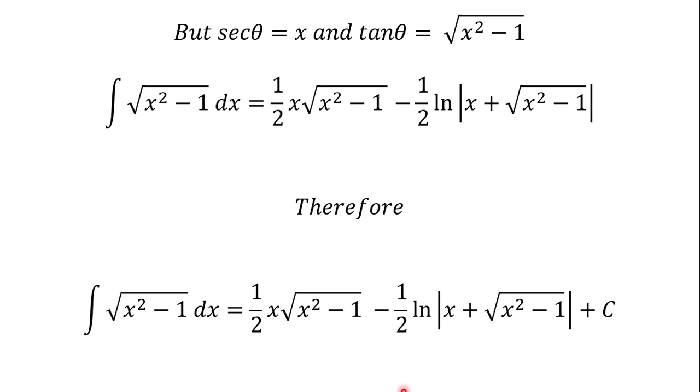As we are solving more examples, you get to know every trick involved in using this approach. As time goes on, you get to understand everything. So all right, guys, the answer to this integral is 1 over 2 multiplied by x times square root of x squared minus 1, minus 1 over 2 natural log absolute value of x plus square root of x squared minus 1, plus C.